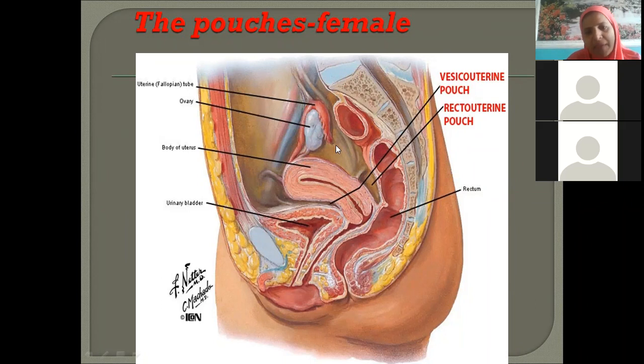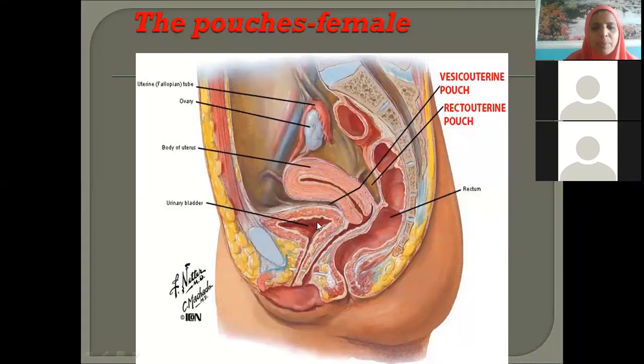Now see here, we have certain pouches formed in the peritoneal cavity. What are the pouches? This is one peritoneal pouch which is extending between the uterus and rectum. That's why you call it the recto-uterine pouch. This is the rectum and this is the uterus.